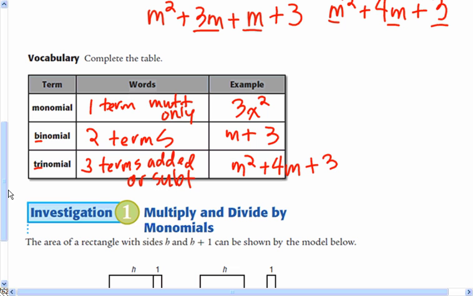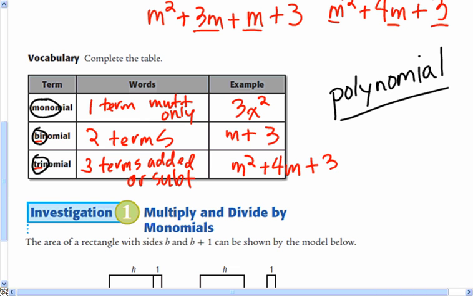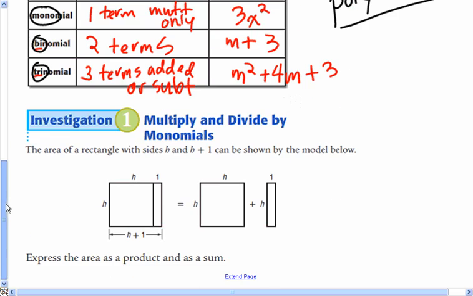The key is that tri means 3 parts, bi means 2 parts, mono means 1 part. And if we have more than 3 parts, some of you are probably thinking, well, that must be a quadnomial. Actually, there's no name for an expression that's longer than 3 parts. All of these and any other expression is called a polynomial. And poly means many. It can be 1 part, 2 parts, 3 parts, or more.